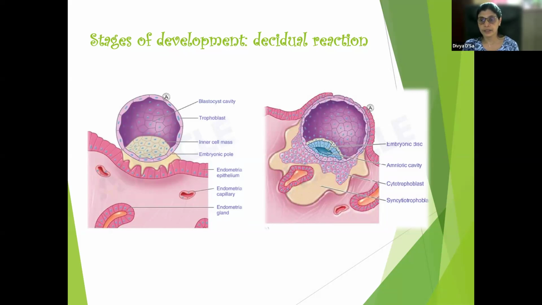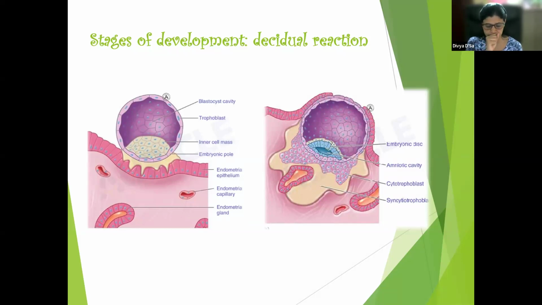We have the functional layer, the vascular layer, and the basal layer. Here the functional layer undergoes change with the embedding of the blastocyst, and this layer we now call the decidua. That is known as the decidual reaction.